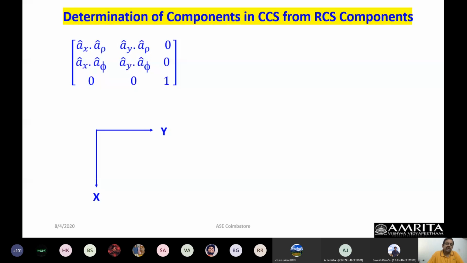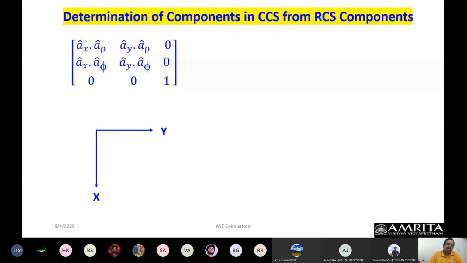How am I going to find them? For that, we construct a simple geometrical figure with a Cartesian coordinate system and then find the interrelationship between the two unit vectors. Once I know the interrelationship, you remember we had talked about the projection of the vector in the last class. Because we are dealing with the dot product matrix, this transformation matrix is also what is known as the dot product matrix.